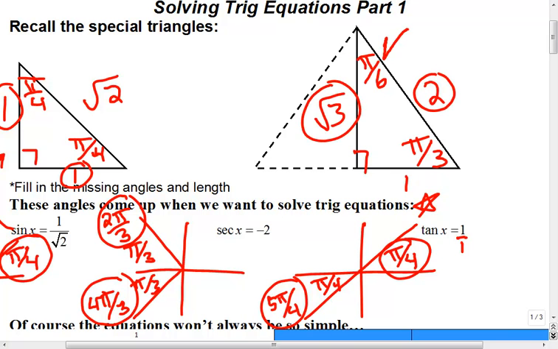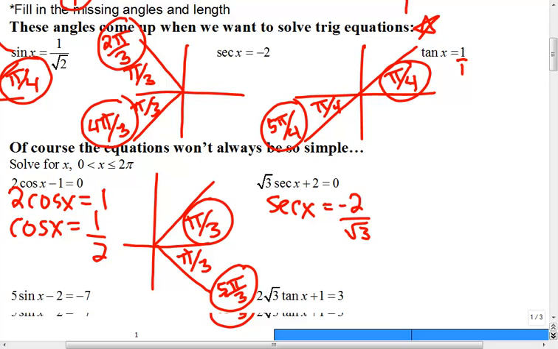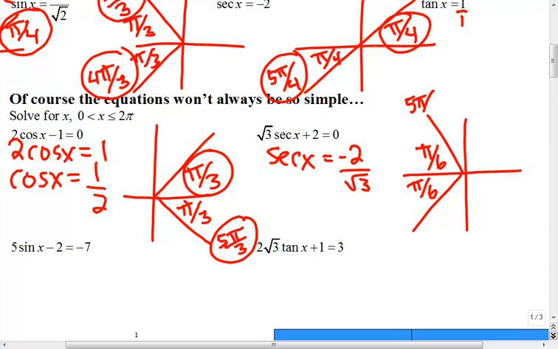So the adjacent angle is there, pi over 6. So that's going to be my reference. And this is a negative, so that means secant will be located here and here, and pi over 6 is the reference. So that puts me at 5 pi over 6 in this position, and the other one here will be at 7 pi over 6.